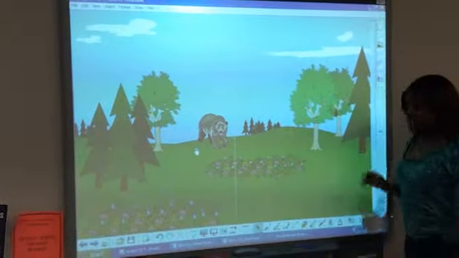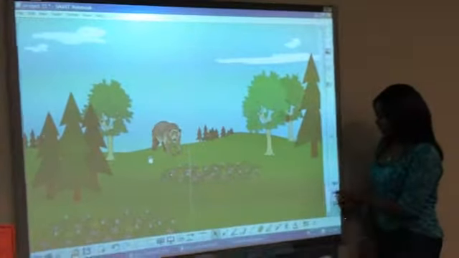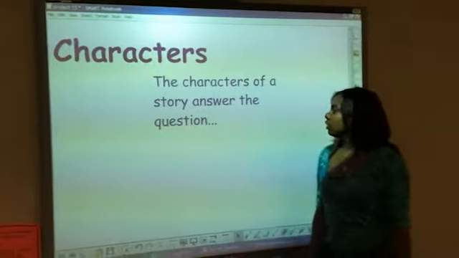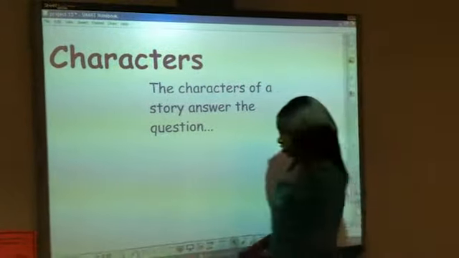And now that we've learned about the setting, the next element is the characters.